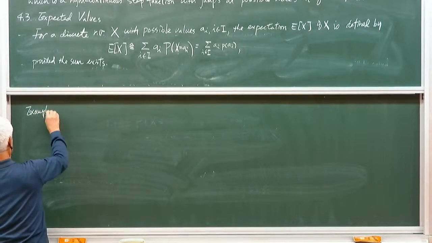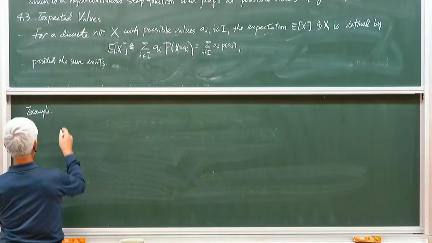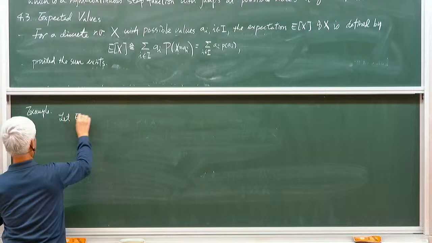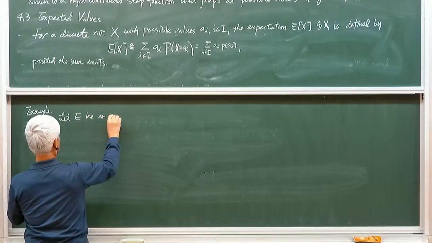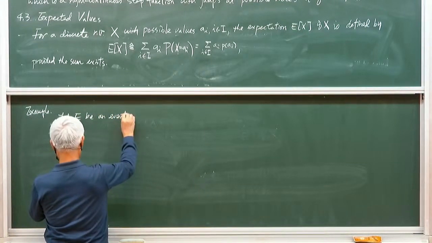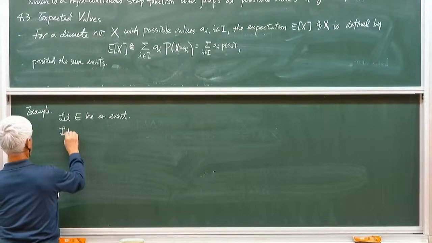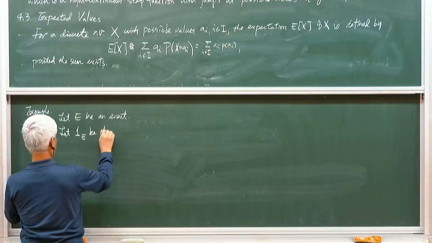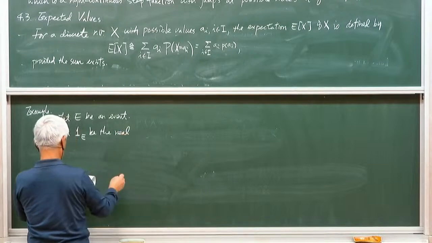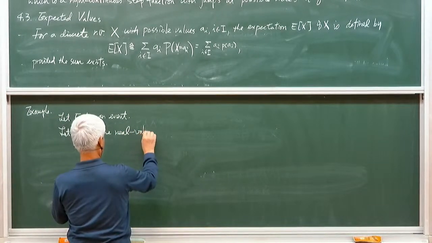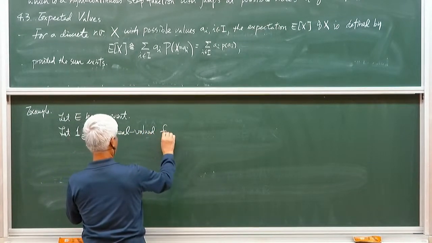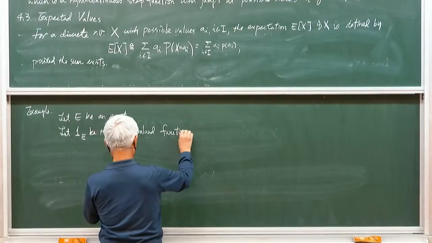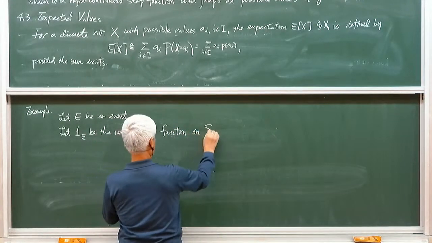Let's consider a simple example. Suppose E is an event, and let 1 sub E be the real valued function on the sample space.